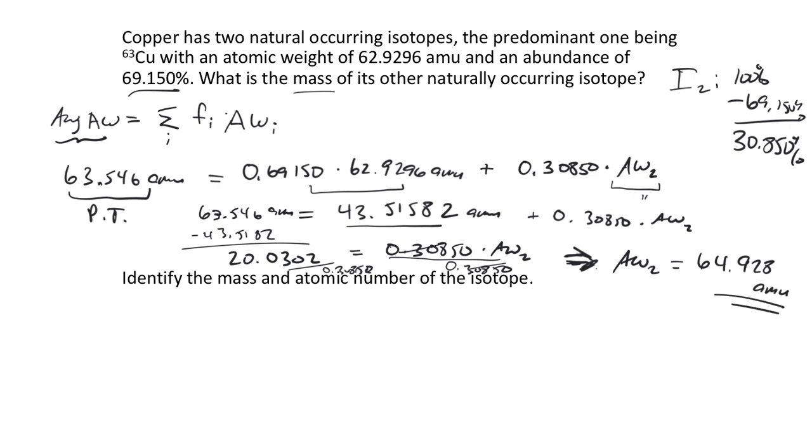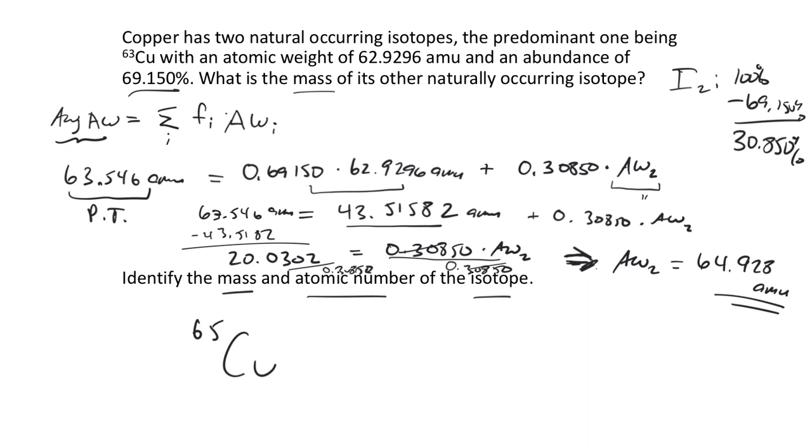So there you go. That's how we find the atomic weight of the second isotope. And then the second question here is identifying the mass number and the atomic number of the isotope. And so this is close to 65 AMU. And so my mass number is going to be 65 atomic mass units. You can certainly notice that the first isotopic mass was copper 63, close to 63, a little bit less.